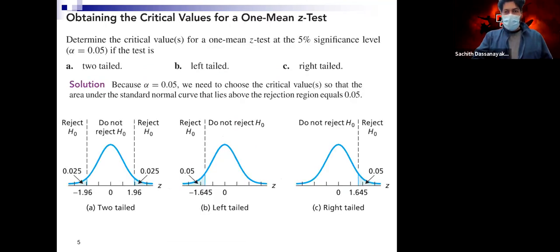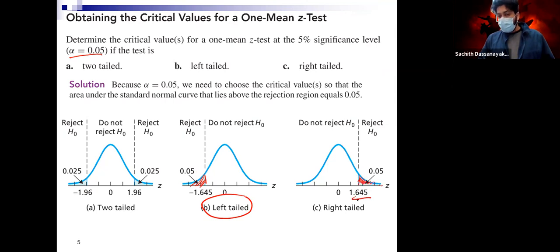Alpha is given, which means your rejection region is given by the significance level. It is 0.05. According to that, first one, left tail test. Since it is a left tail test, your rejection region is on this side. If it is a right tail test, your rejection region is on this side.